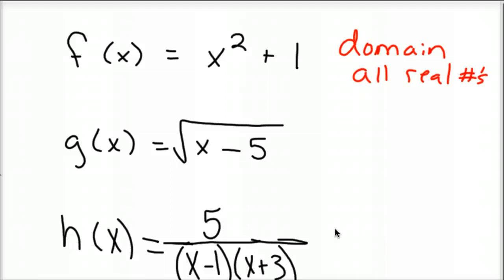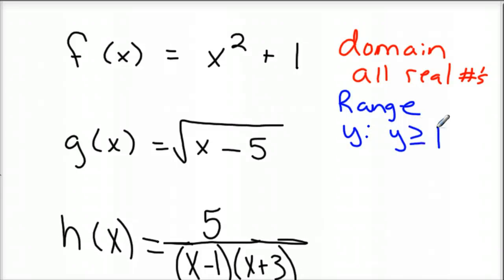My range for this function is the y values such that y is greater than or equal to 1. Sometimes you could use interval notation, and it would be 1 to infinity. That would also work for your range.